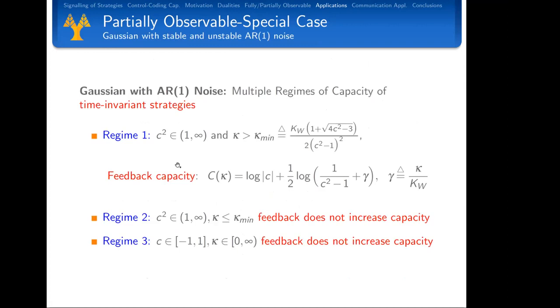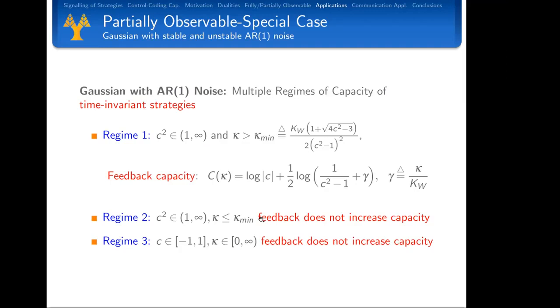Anyway, if I solve the asymptotic limit, then we notice three things. I'm talking about the AR1 noise now. If C is unstable, the feedback increases capacity, but I have a minimum power. This tells me that feedback capacity increases with the instability of C. I will show a figure now. If kappa is less than this kappa min, there is no solution to this optimization problem.